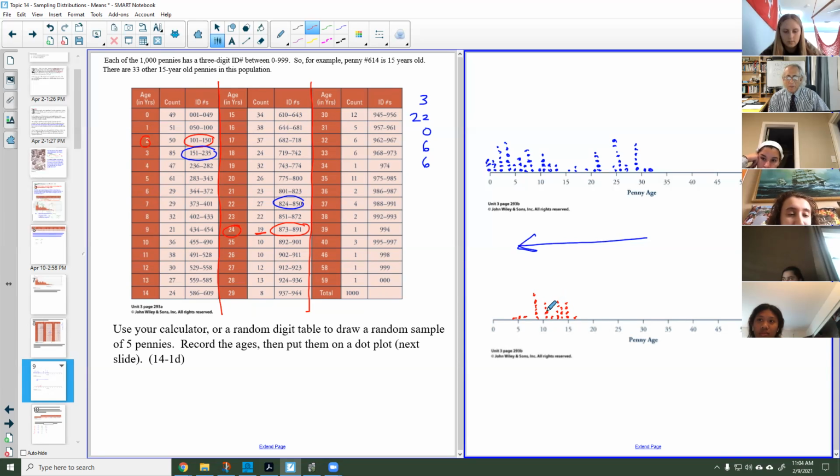I got 7.2, 5.4, 13.4, 15.8, and 14.6. Good. Okay, Brooklyn. I got 14.6, 9.8, 11.8, 9.6, and 6. Good.